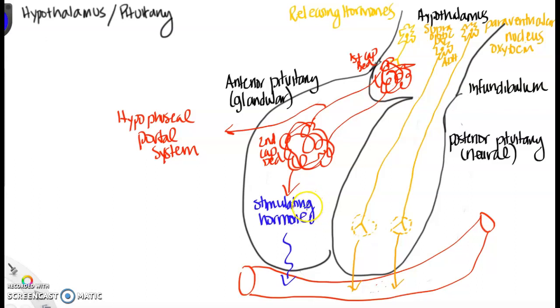So that's basically how the anterior pituitary and posterior pituitary work with the hypothalamus. The pituitary gland, very important, secretes some major hormones for the endocrine system, but never does so without being told by the hypothalamus through releasing hormones.